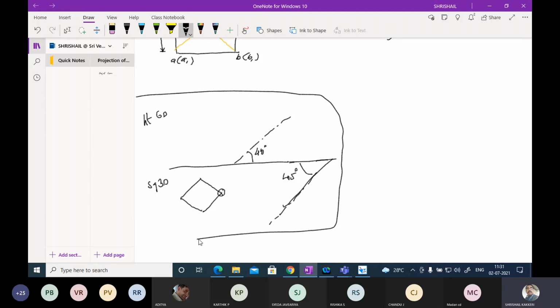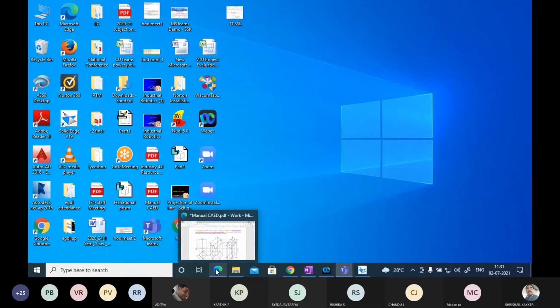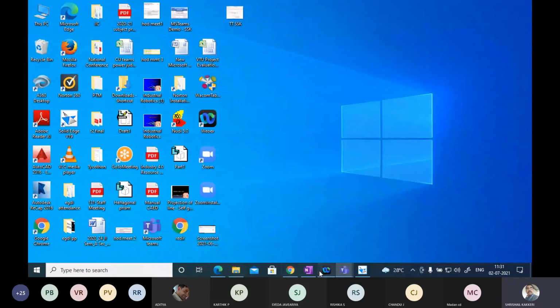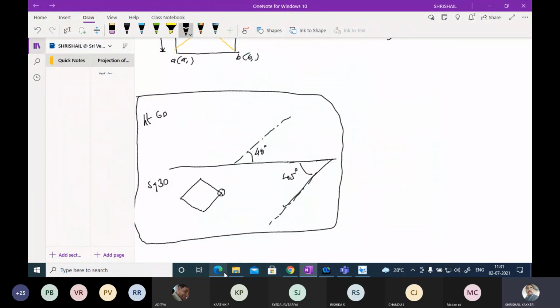If you have any problem, please ask me. A square prism, 35 mm sides of base, axis 60 mm, resting on one of its corners of the base, such that the axis is inclined at an angle of 40 degrees to the horizontal plane.